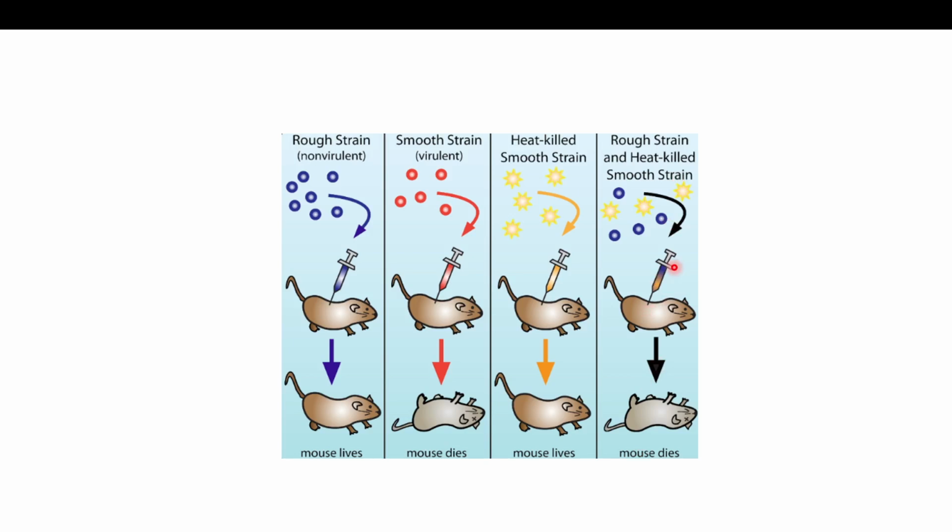So they deduced that some kind of transforming principle was getting transferred to the rough strain, leading to this virulence and death. So the term transforming principle came into the picture after this experiment.